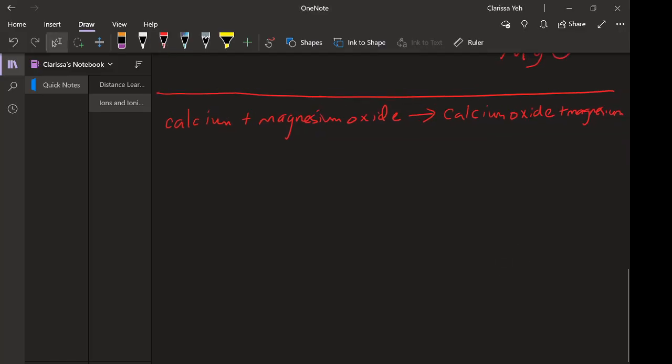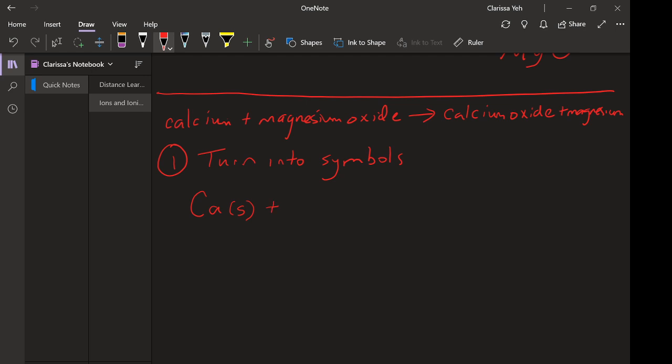Now, first step, turn into symbols. So my calcium, I'm going to look at my periodic table, has a symbol of Ca, and it's on its own, meaning it's just a solid.